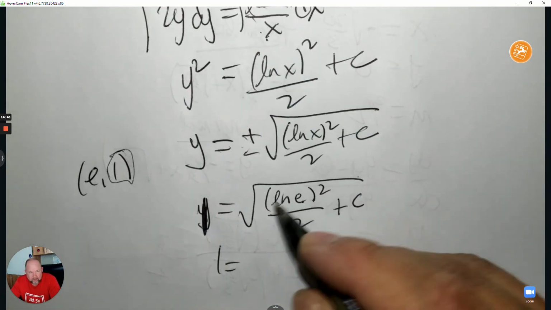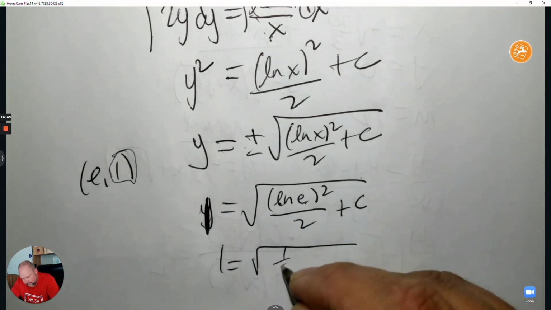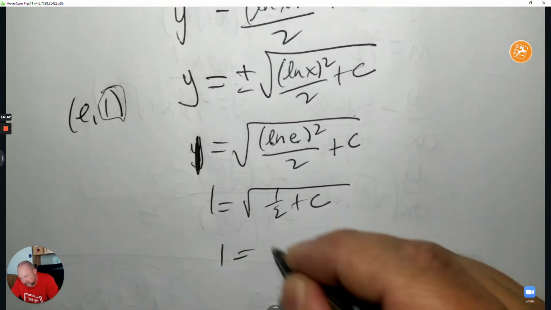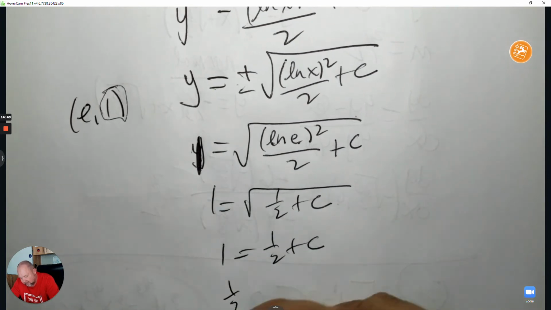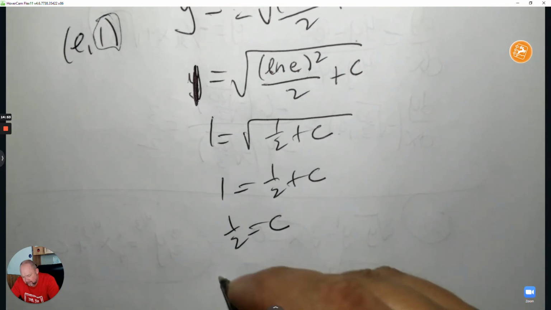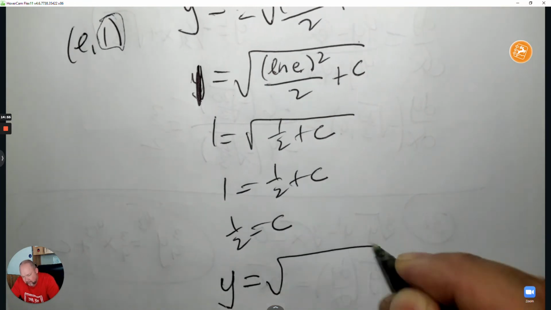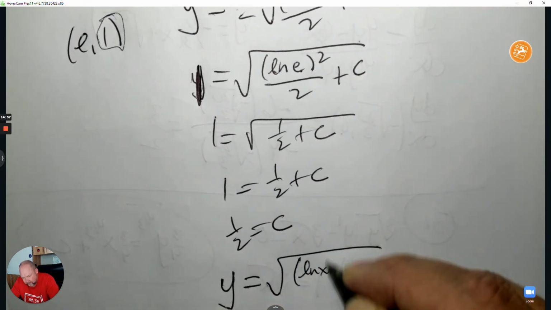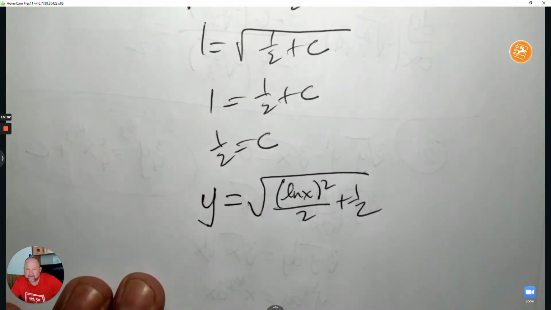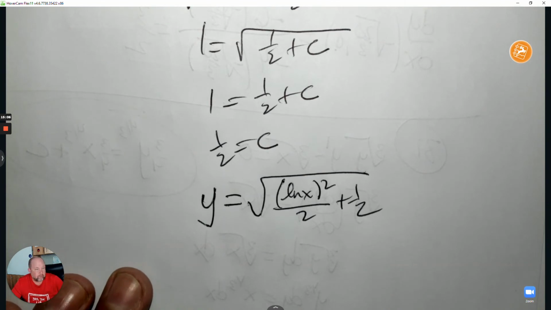Ln e is 1. That's just 1/2. Square both sides. Subtract. 1 take away 1/2 is 1/2. And then come back here, and again it's the positive 1. Plus 1/2.